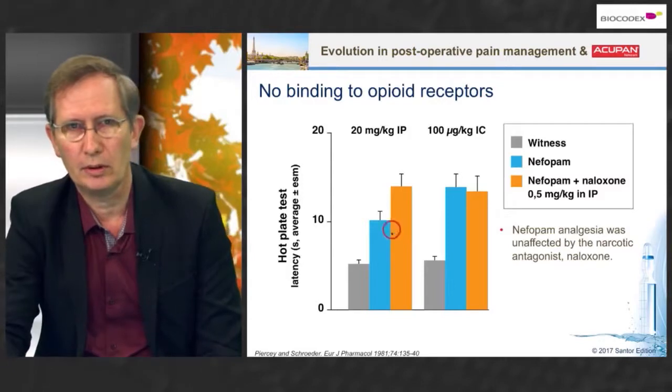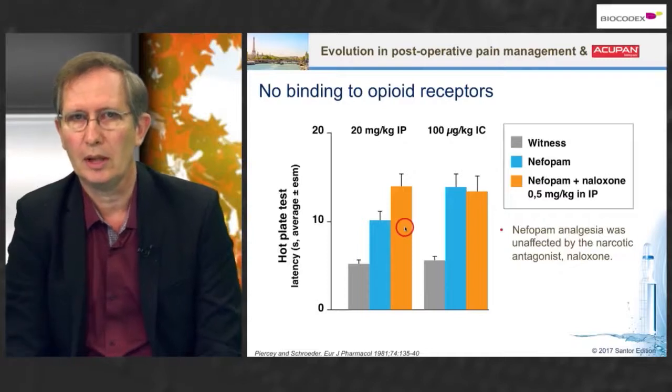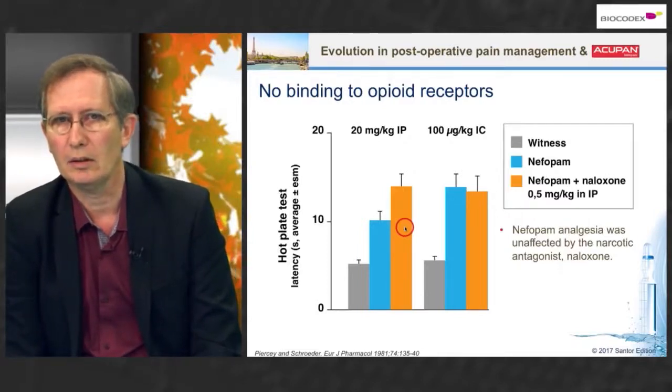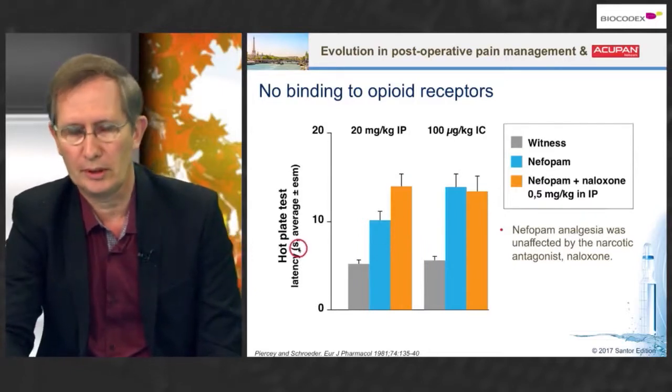And in orange here you have the combination of nefopam and the antagonist naloxone, and you see that there is no difference when you give nefopam alone or nefopam with naloxone, and it's confirming that nefopam has no interaction with opioid to produce its analgesia.